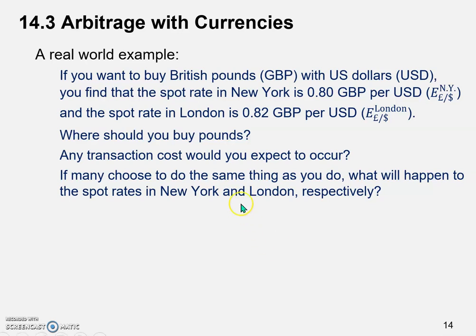If many people like you are sending their dollars to London and getting them exchanged for British pounds, you would find that in the London market, more people are selling US dollars and buying British pounds. So this exchange rate would be lower.